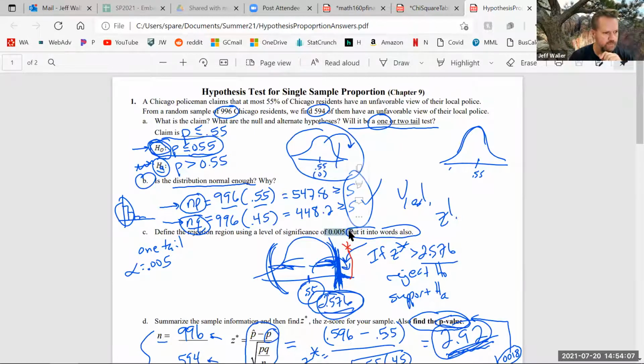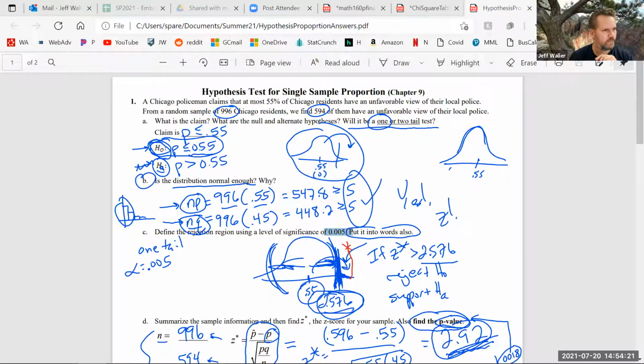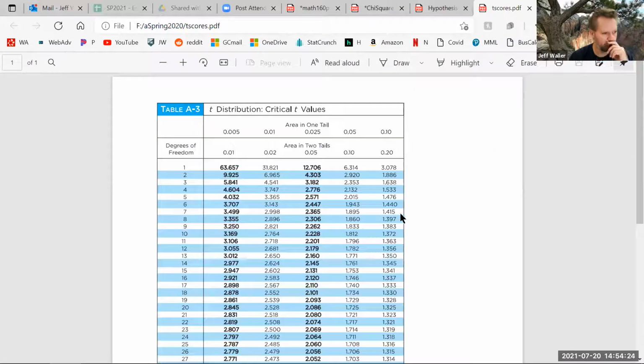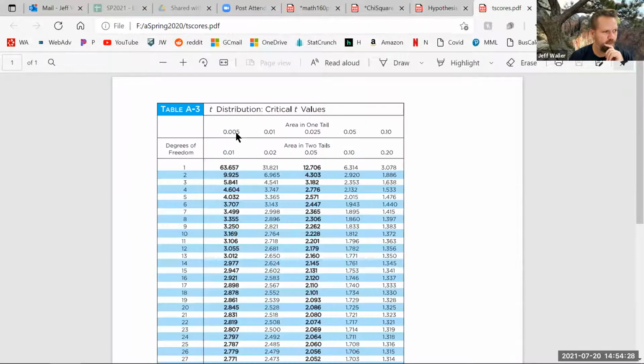So alpha is 0.005. It is a one-tail test, right? Yeah. So if you look at the t-score chart, 0.005, one tail, 2.576. Okay, that makes sense. I was looking at the z-score chart and it didn't look like anything on there.